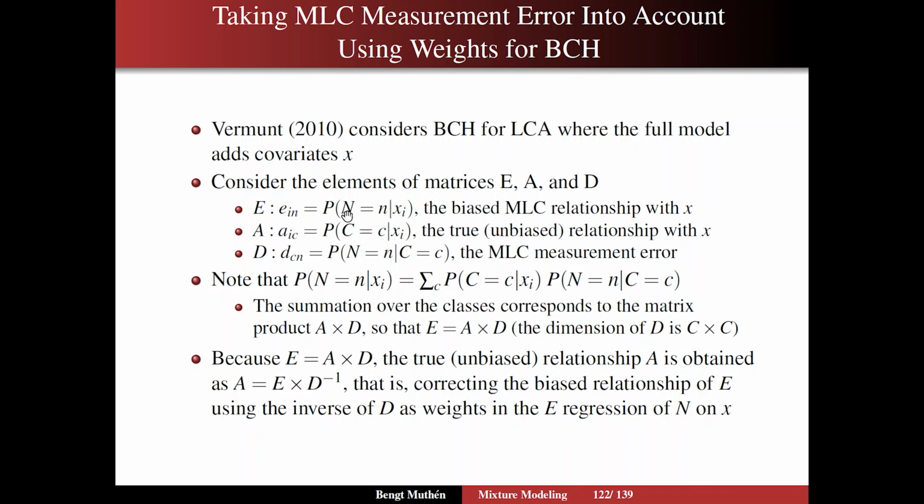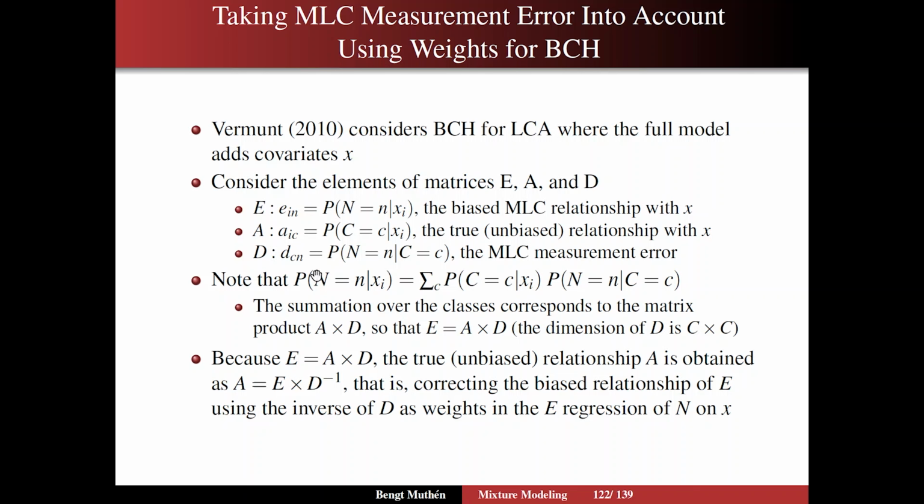It's not the same as C on x, the true unbiased relationship with x, which is given in matrix A. And from that I can also add a matrix D, probability of n equals n given C equals c, the measurement error in most likely class, which we just discussed.